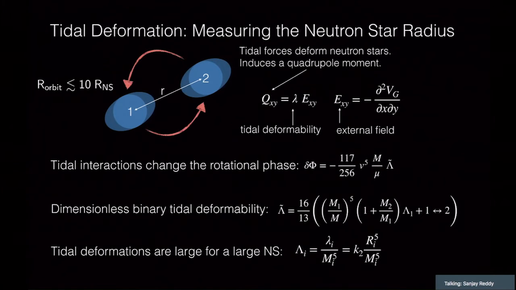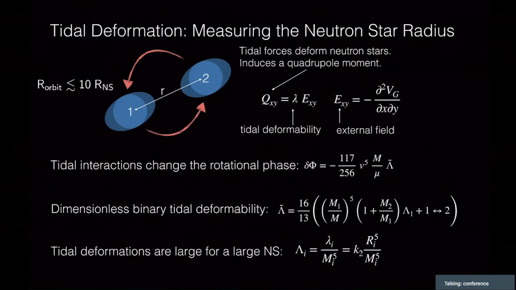No, this tidal deformability is a property of the compact object. It doesn't depend on its history. So if on the slide, you see that there is this relationship between the tidal deformability and the radius of the object. There is a parameter K2 that appears there on this slide at the very bottom.